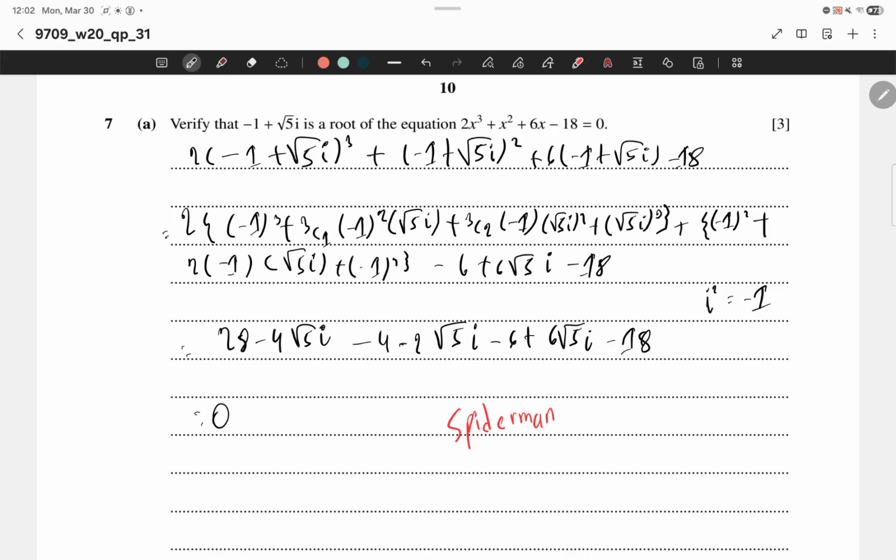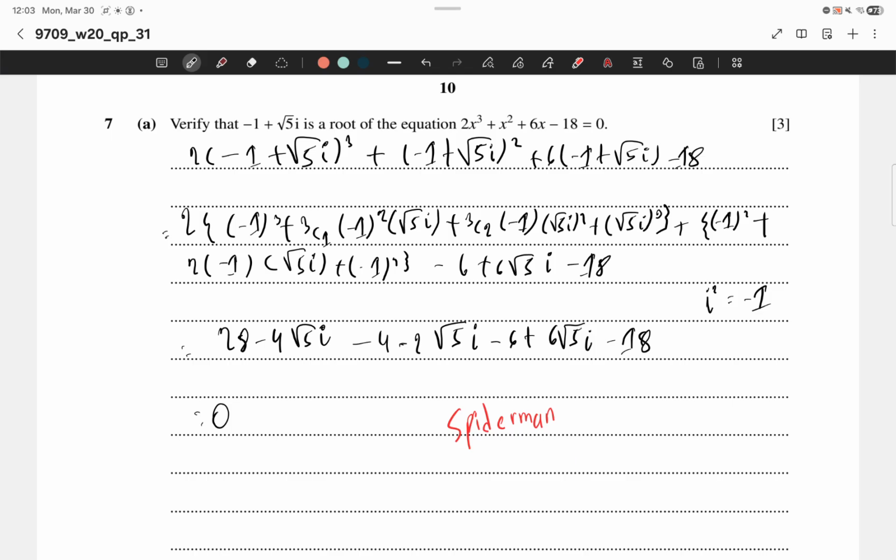The question does not say to not use the calculator, and if I expand it manually, writing 2, then inside the bracket -1 cube, then whatever the value is, I think that would take a lot of time and is not worth the marks. So I just wrote this. I'm not sure if I will get the full marks, but I might, and I think it's worth the gamble.